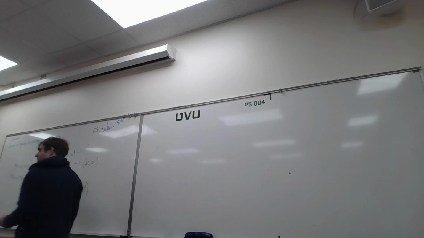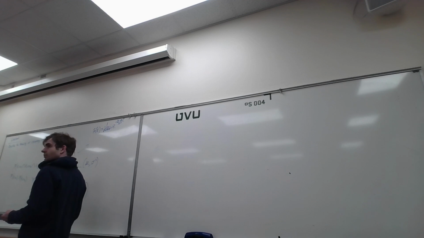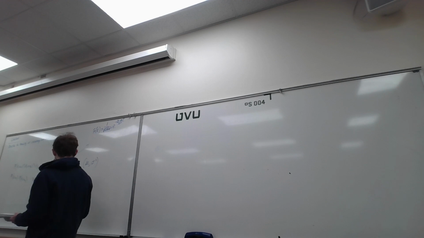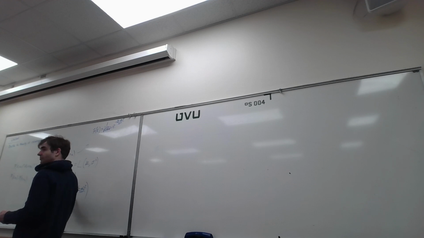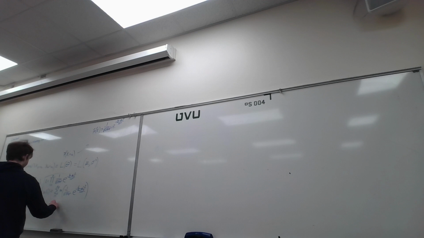People with me so far? Instead of a product, I now have a sum. People can also see that this is the log of the product, so that must be the sum of the logs. Does that make sense to everybody? So within this, I've got the sum from i equals 1 to n of the log of 1 over the square root of 2 pi sigma squared.